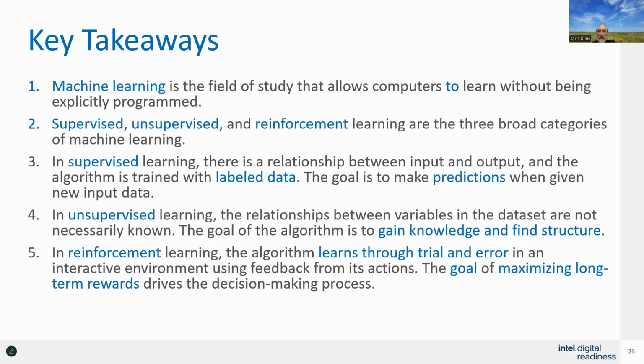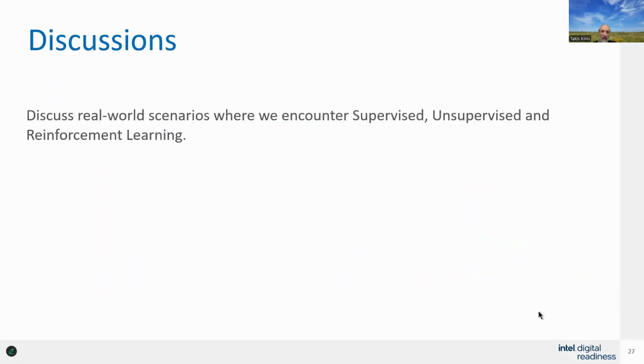Unsupervised looks at the relationships between variables that are not necessarily known, and the goal is to gain knowledge and find structure. We're looking for those patterns. And reinforcement is the trial and error thing, maximizing the good, minimizing the negative. All right, so that's kind of the synopsis of machine learning.